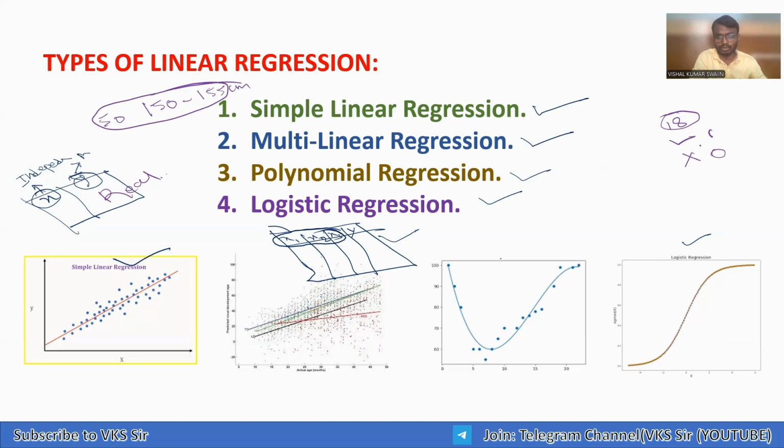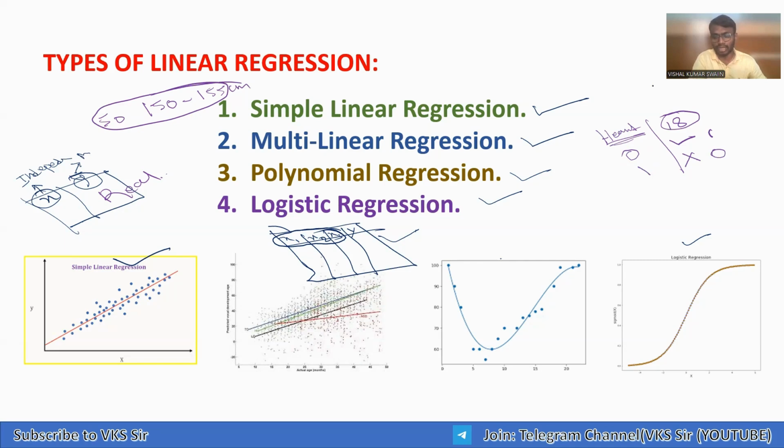Or you can go through another example. A person who is suffering from a heart problem visits a medical doctor, and based on the symptoms, if the person is not suffering from heart disease, it is considered as zero. Based on the symptoms, if that person is suffering from heart disease, that will be one.